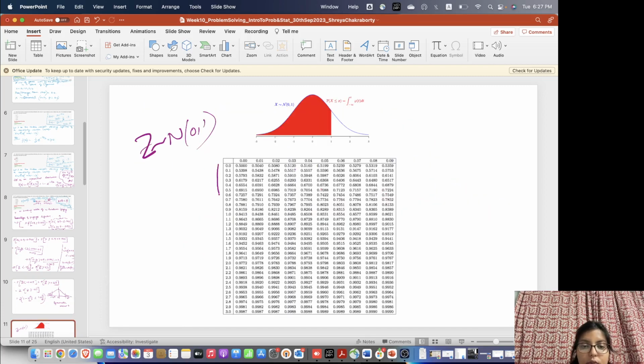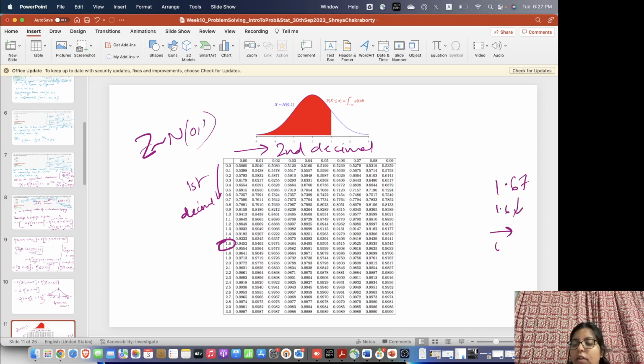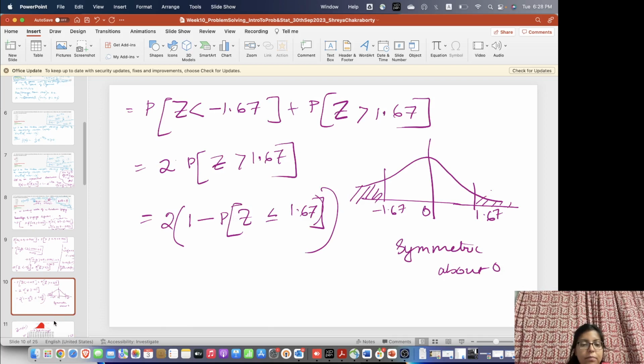We go down to the first decimal, 1.6, and across to the second decimal, 0.07. The required value is 0.9525.